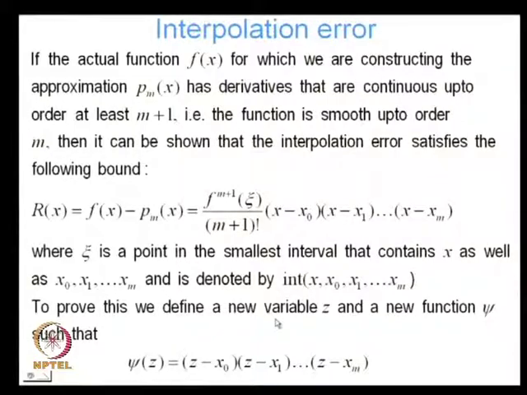To prove this, we define a new variable z and a new function psi, such that psi of z is equal to z minus x0 times z minus x1 through z minus xm. So I define a new variable z and another function psi of z given like this.